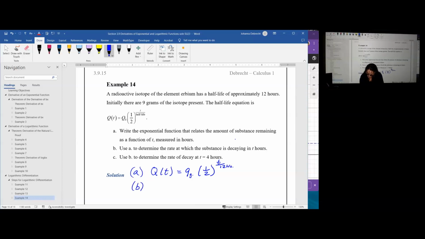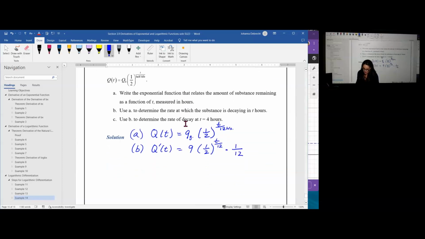In part B, we can compute Q prime of t by keeping the 9 as a constant and then using the rule for the derivative of an exponential. The base is 1/2. This is going to give me the exponential again, unchanged, 1/2 to the t over 12, times the derivative of the power t over 12, which gives me 1/12.